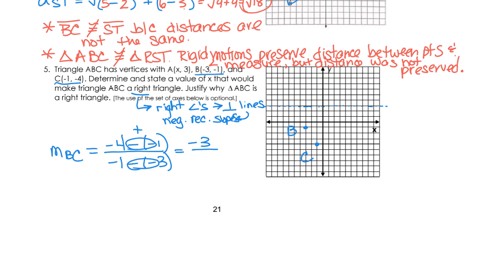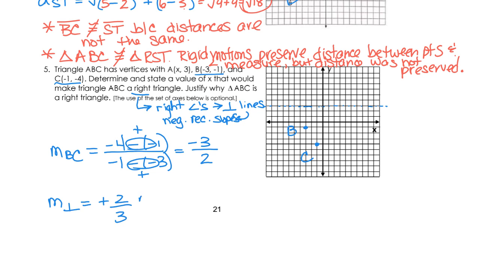And on the bottom, -1 plus 3 is 2. And so now that we know that that's the slope of BC, we kind of know the slope of AB or AC, one or the other. All right. So we can now say that our perpendicular slope would have to be positive 2/3.